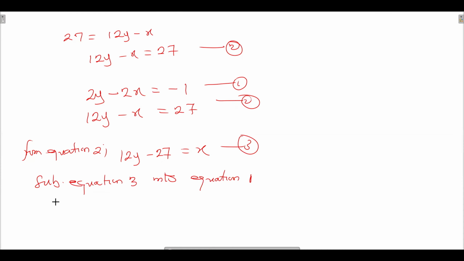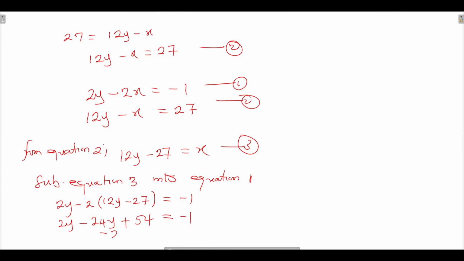So that means from equation 1, I have 2y minus 2 into brackets, where x is 12y minus 27, equals minus 1. That will be 2y minus 24y plus 54 equals minus 1.